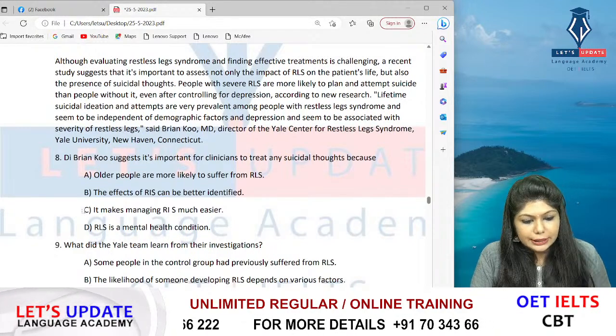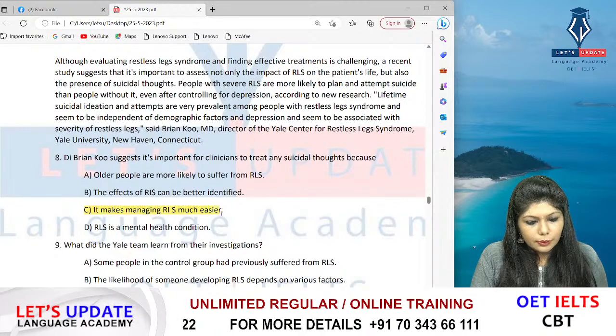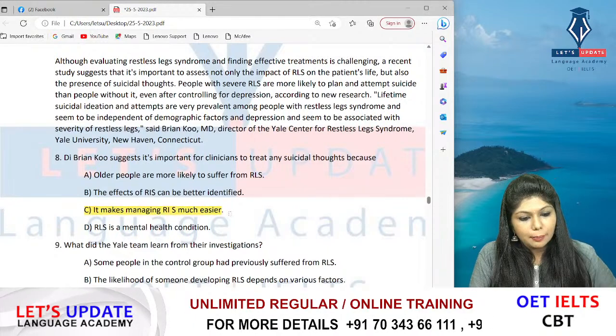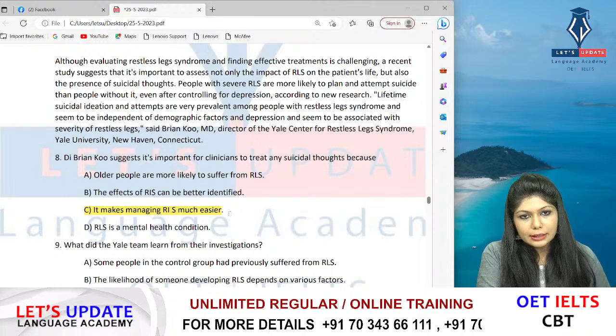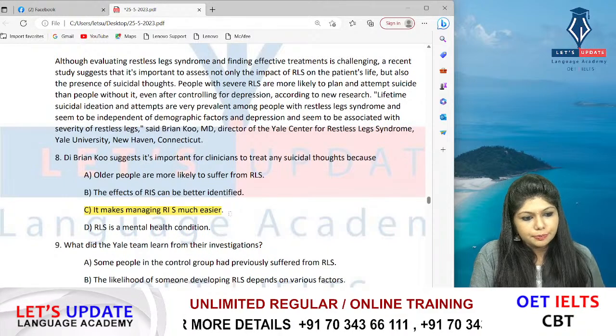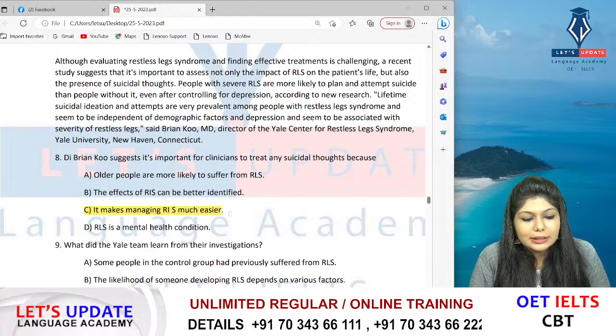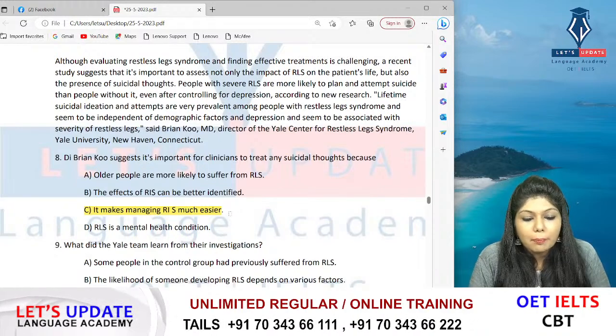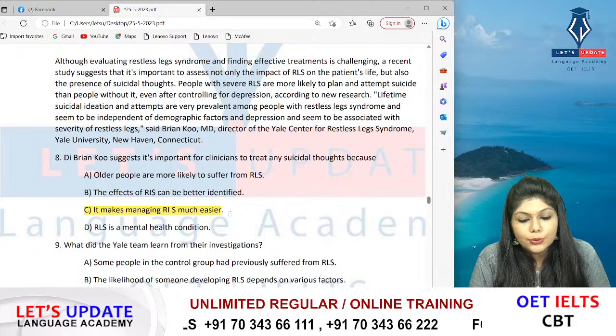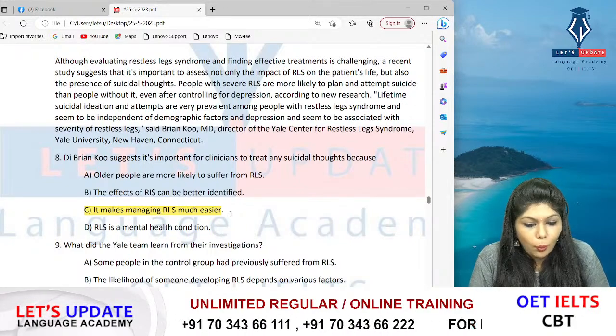So look at this. I'm going to highlight the part of the paragraph that has led us to this answer. What does this question suggest? It is important for clinicians to treat any suicidal thoughts because, okay, why is it important?